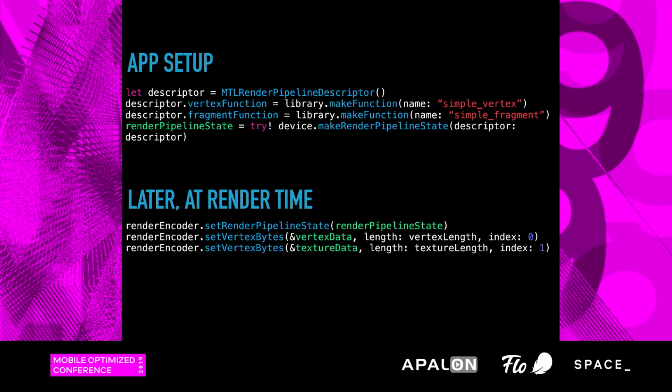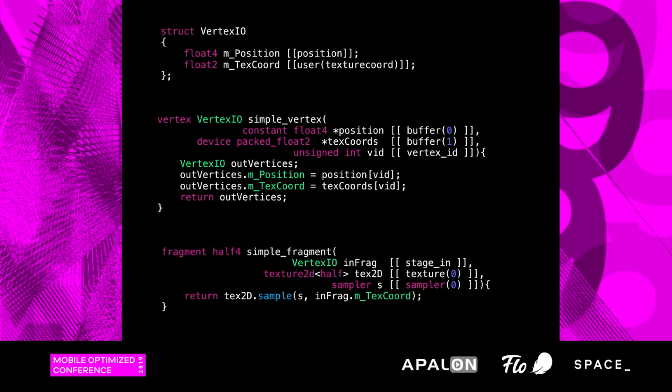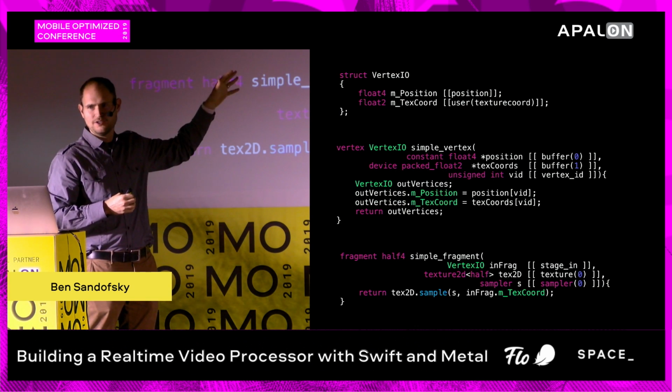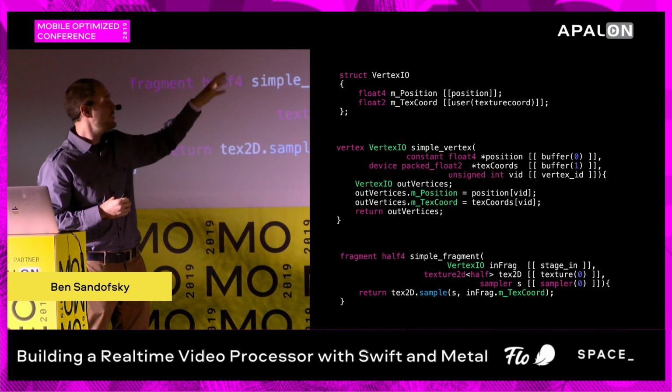Later, as the frames are arriving in the system, you say, load the render state that I described earlier. Here's the data that I want you to execute with these functions as parameters, and go to town, execute the render pass. Okay? And this is the actual shader code that gets run. There will not be a test on this, but this is the hello world of rendering a 2D image.